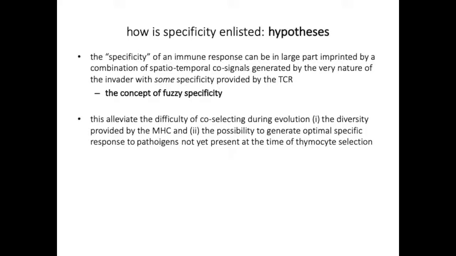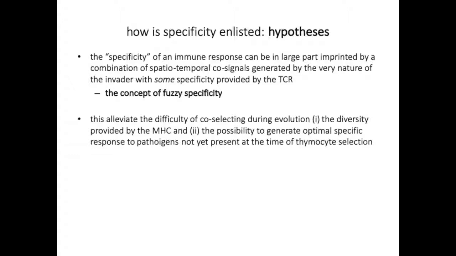I think this notion that you don't have to select for cells that are so strictly specific for an antigen has some meaning that we can then discuss for the selection of a functional immune system during evolution, because, and this is something we can discuss after, I think there are no good explanations so far for why what has been selected is both this diversity and the MHC.